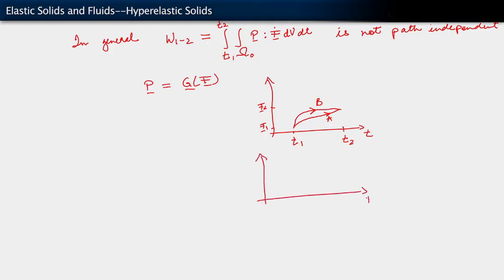If I now plot the stress and the deformation gradient in this manner, again, we know we can't actually draw these sorts of plots in 2 dimensions, but if you were to look at these kinds of work functions, what you would see is that if you were to go from some deformation gradient F1 to F2 along one path, but then return along a different path, you will actually generate some amount of work, even though you're working with what you believe is an elastic solid.